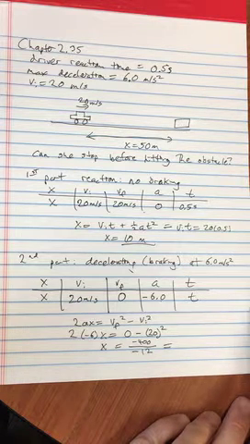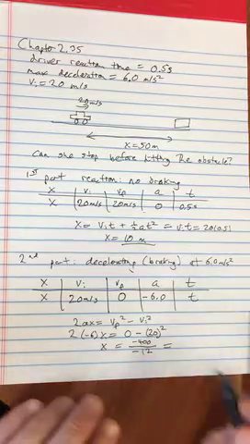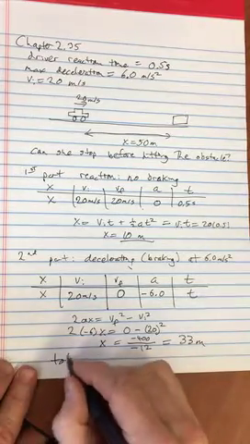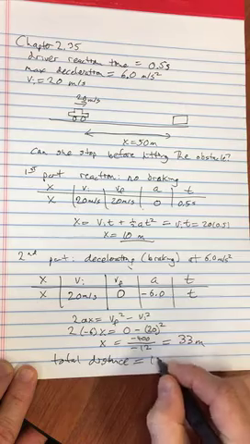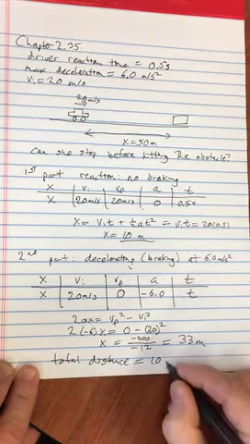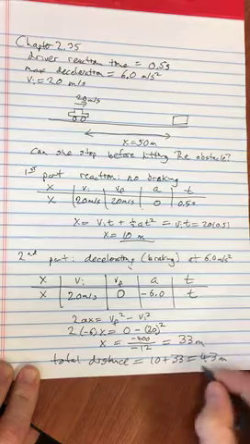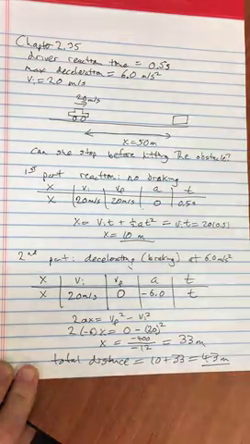So let's see exactly what it is. 400 divided by 12 is 33 meters. So the total distance traveled is 10 while she's reacting plus 33, or 43 meters, and that's less than the 50 meters that she had before the obstacle.